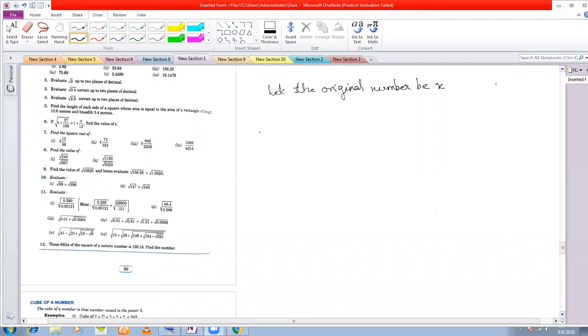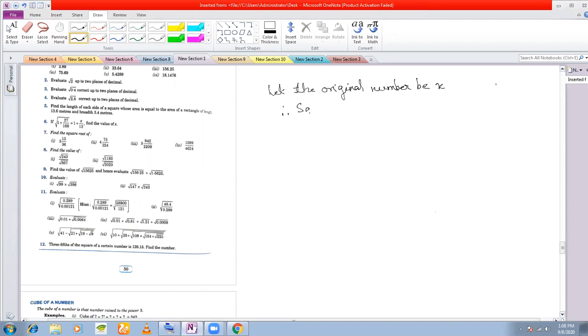Now the question here is 3/5 of the square of a certain number. So what is the square of x? The square of x is equal to x square. And 3/5 of the square of x is 3/5 into x square, which is 3/5 x square.